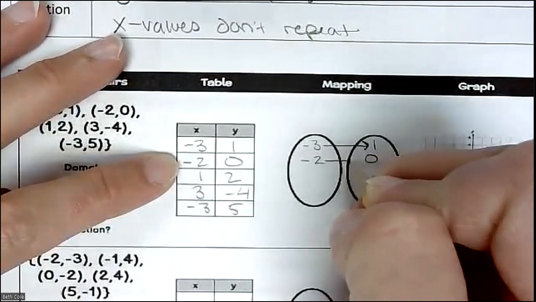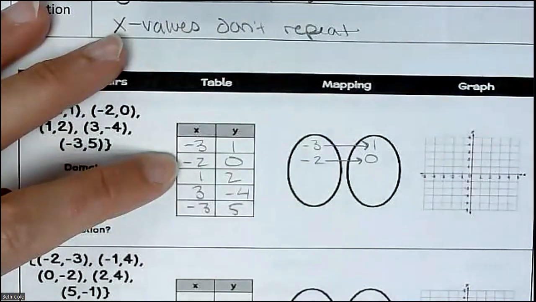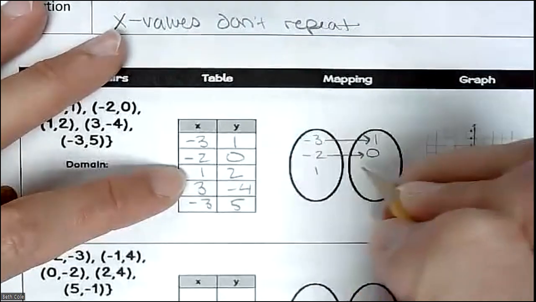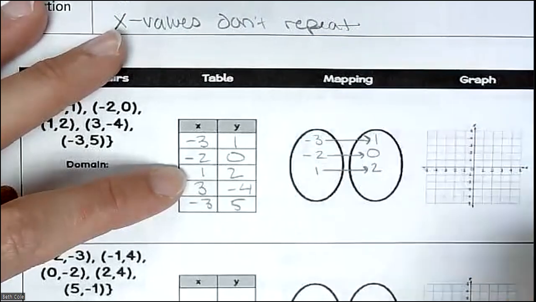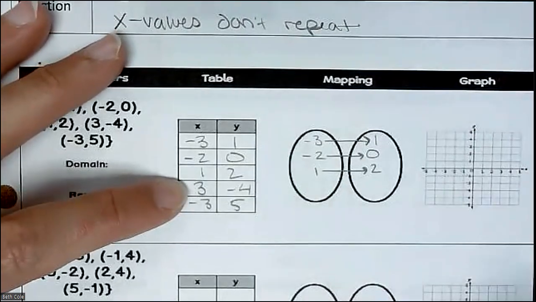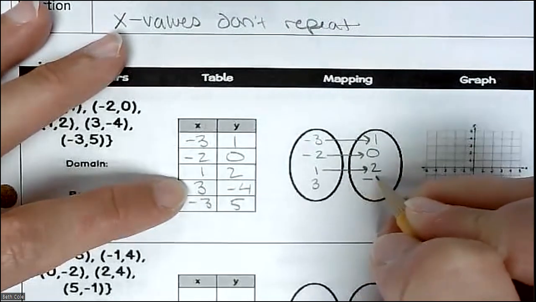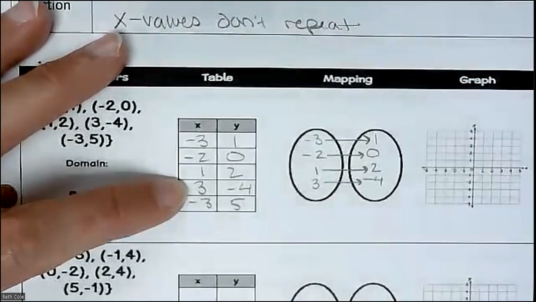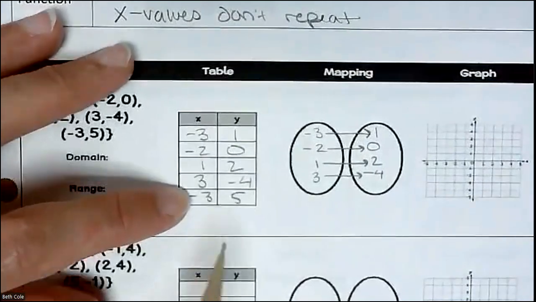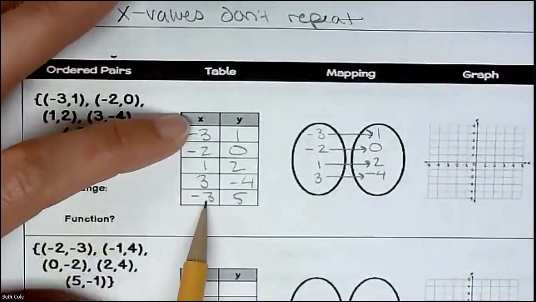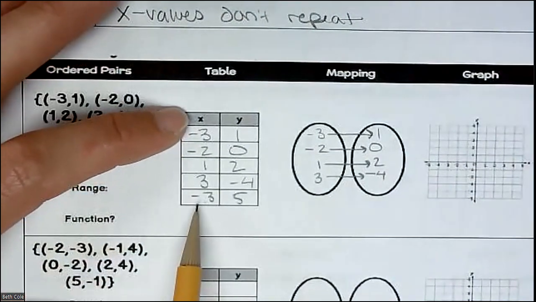It's going to happen here, so I'll show you what I mean. -2 goes to 0. 1 goes to 2. 3 goes to -4, just drawing an arrow between them. And then look at the last one. Do you see how we already have a -3 written in there?